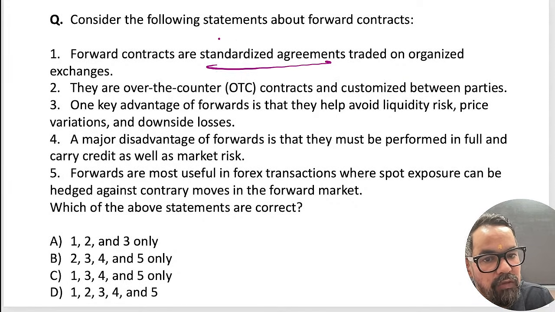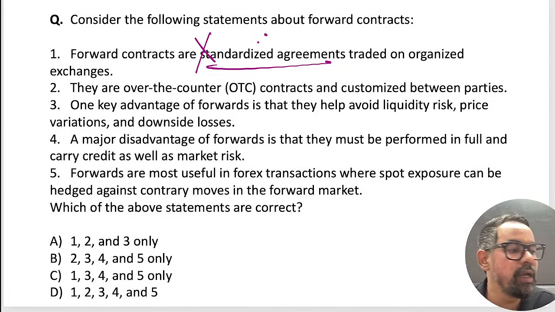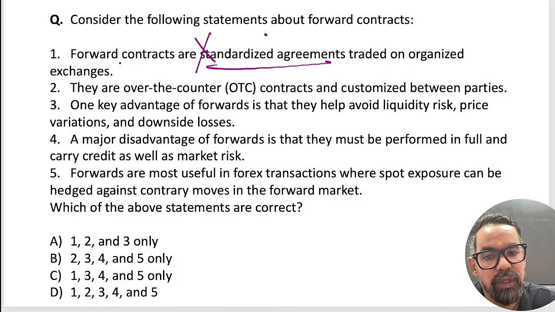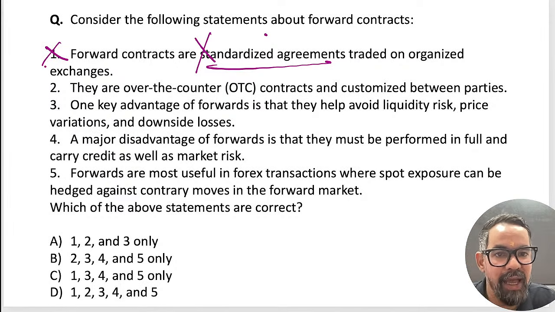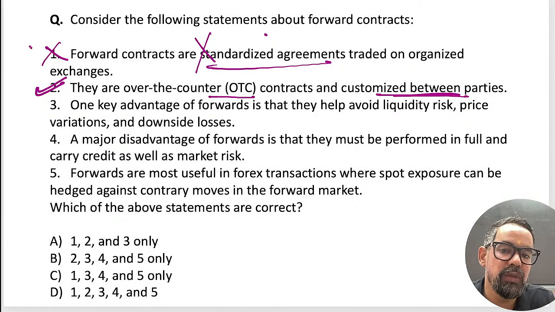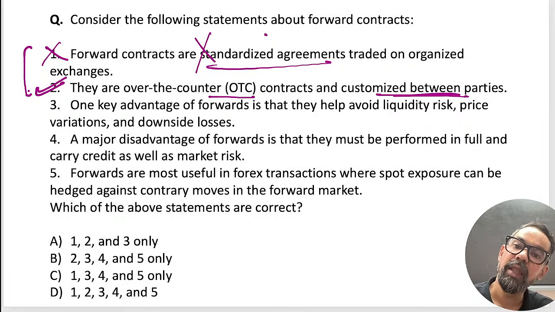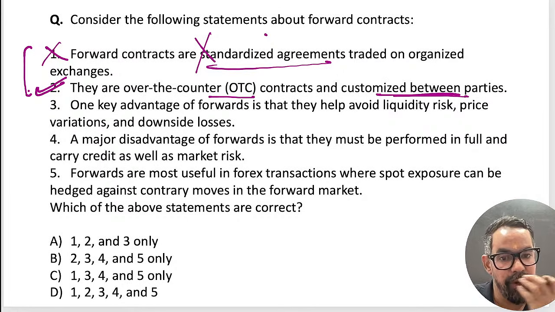Wrong. Forward contracts are not standardized. These are OTC, and OTC are customizable. Means Sushil sir, your answer is wrong. In INIFS also you gave the wrong answer. Forward OTC contracts are customized between parties. Statement 2 is correct, right? Futures are the reverse statement: futures are standardized by the exchange, and they are exchange traded, right?